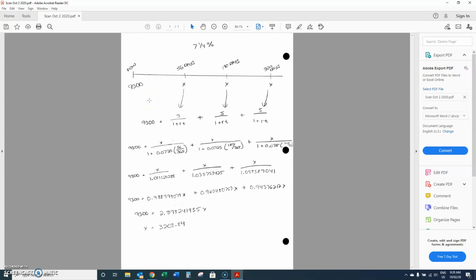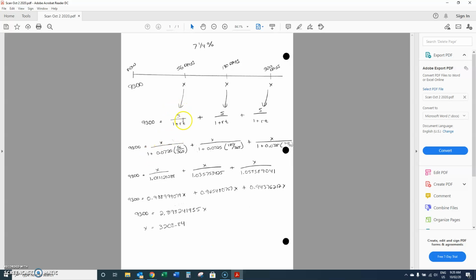So I can use the formula S over 1 plus RT. I'm going to use 1 for each of these payments. Now I can begin filling in my information.